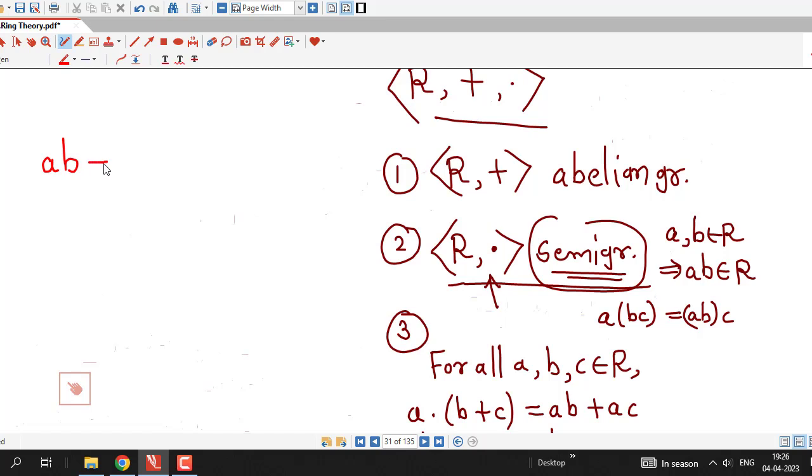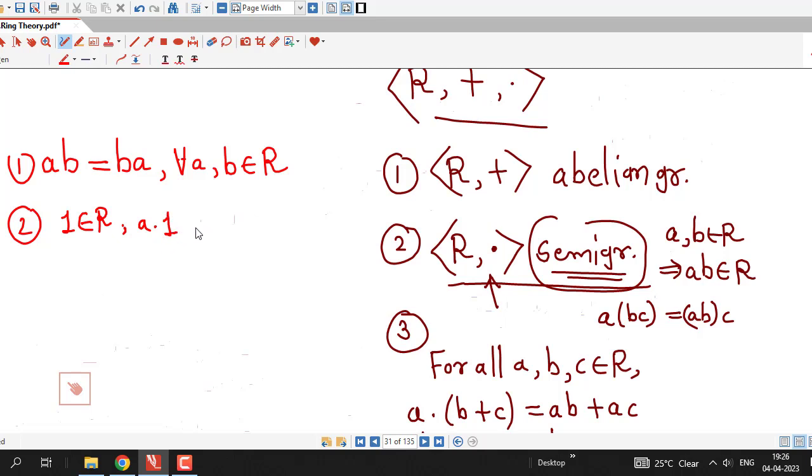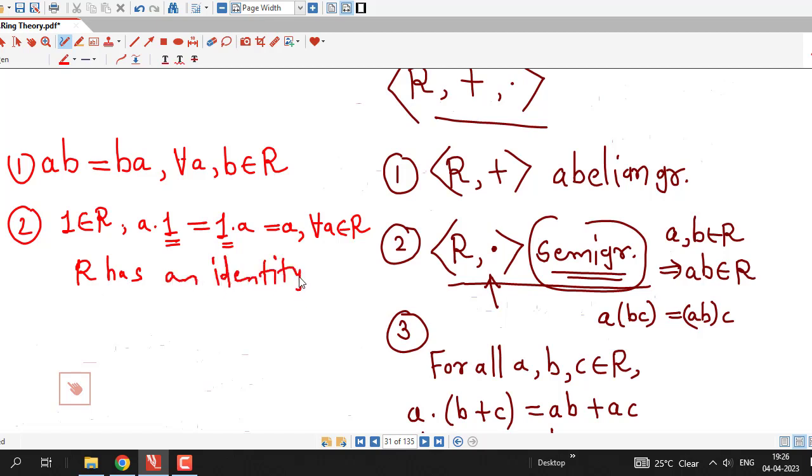Suppose this ring satisfies the commutative property with respect to multiplication, that is, A times B equal to B times A for all A, B belongs to R. Second requirement is there exists an element denoted by 1 in the ring R such that A into 1 equal to 1 into A equal to A for all A belongs to R. Then this element 1 is called the multiplicative identity of ring R. So suppose ring R has an identity.